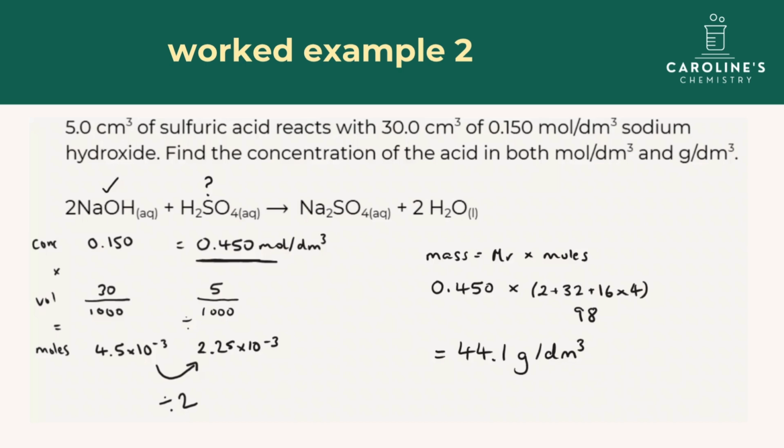Again, if you are GCSE, then that number is absolutely fine as is. If you are A-level, again, think about those significant figures. Because the volume of the sulfuric acid is the lowest number of sig figures in the original data, you would have to give that as 44 grams per decimeter cubed.